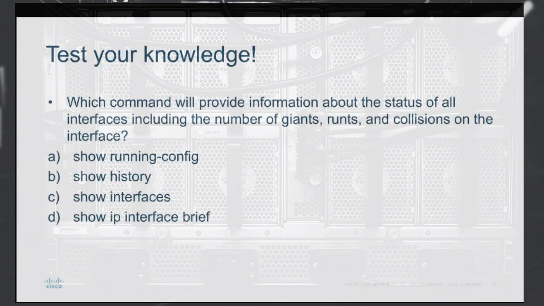Just one answer, and it's show interface. It's not running config. Running config would just give you the running configuration file. History would give you the list of commands that you issued. Show interfaces is the command that would give you the details of all the giants, runts, collisions, and interfaces.